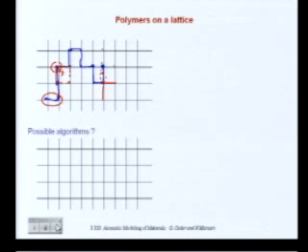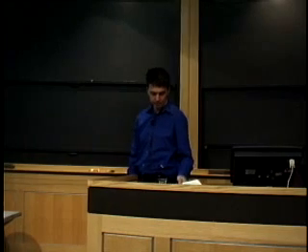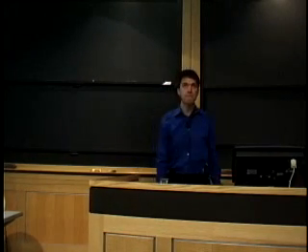In 3D, that's called a crankshaft jump, because if you have a polymer like this, you can rotate this piece like a crankshaft. You can do those kinds of perturbations. So you can pretty much choose the kind of things that you want to do.